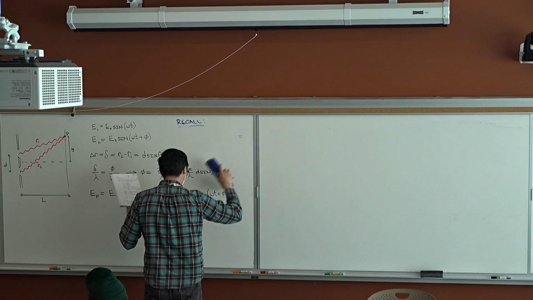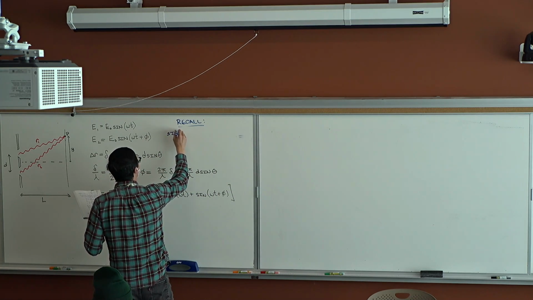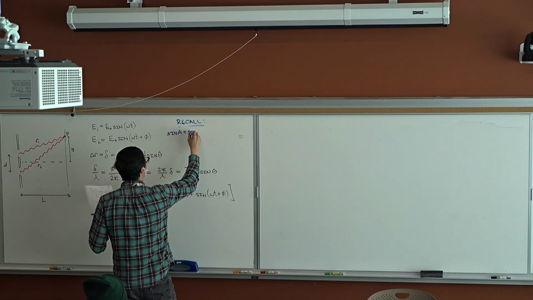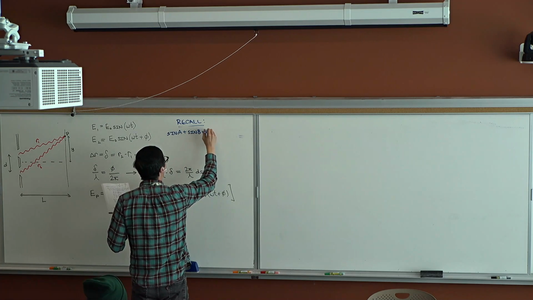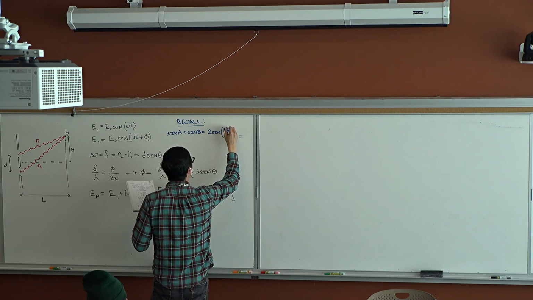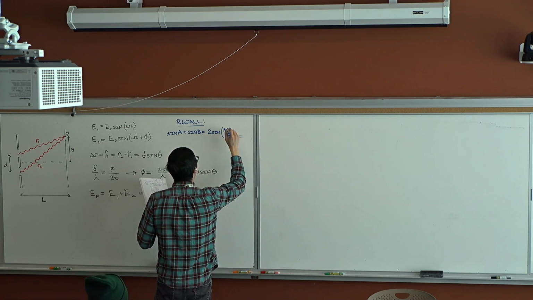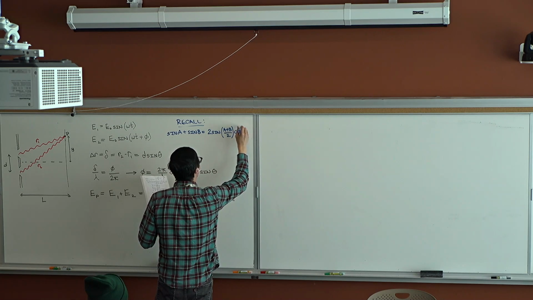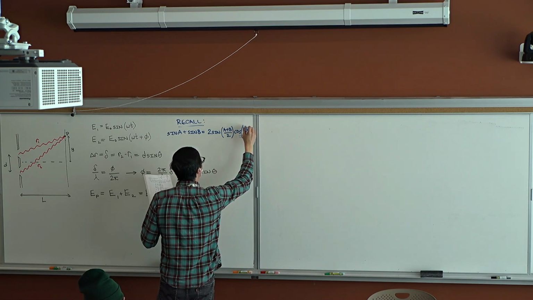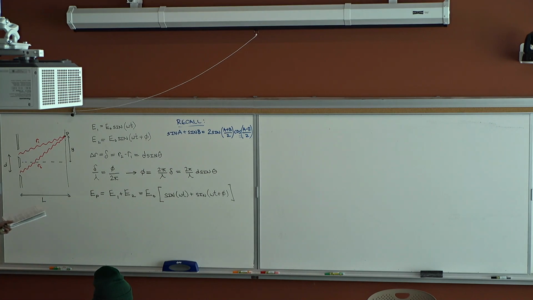It's trying to be all fancy. So 2 sine of (A plus B) over 2 times cosine of (A minus B) over 2.